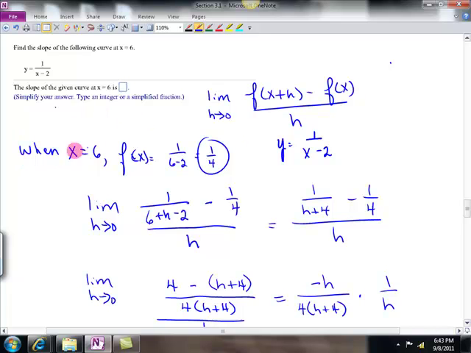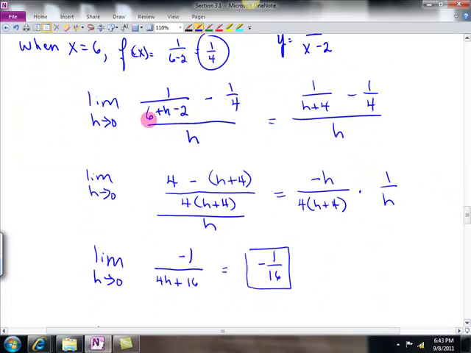So when x is 6, you plug in 6 and you get that this is 1/4. Then we're going to plug in 6 plus h for x. So we've got 1 over 6 plus h minus 2 minus our f of x value, which is 1/4, over h. So clean that up, and you've got h plus 4, and you've got 1/4.